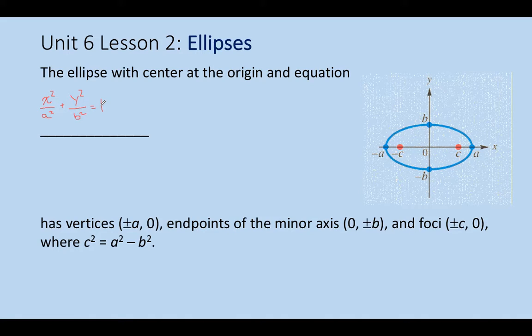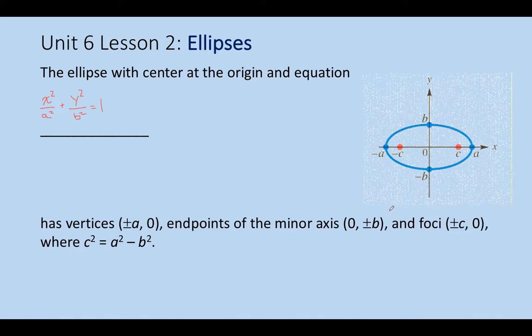I kind of throw all that out the window, and I just remember, okay, whatever is underneath the x, that goes along the horizontal axis, and whatever is with the y, that goes on the vertical axis. If this number is bigger, that means it's going to be one of these wide ellipses. And if this number is bigger, it's going to be one of the tall ellipses.